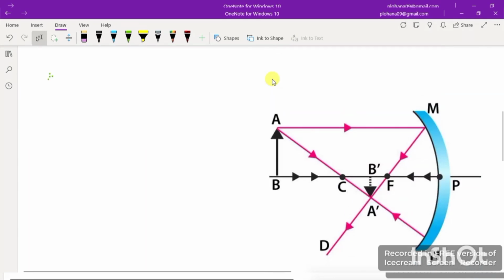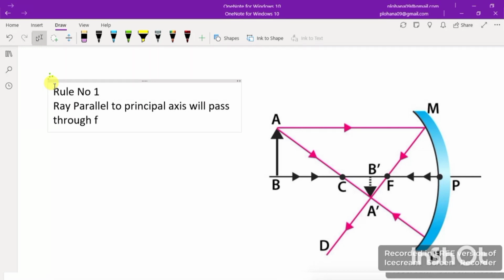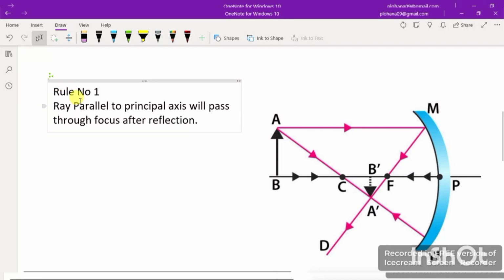As you can see here, I'm just going to type rule number one: a ray parallel to the principal axis will pass through the focus or focal point after reflection, right? This is rule number one.